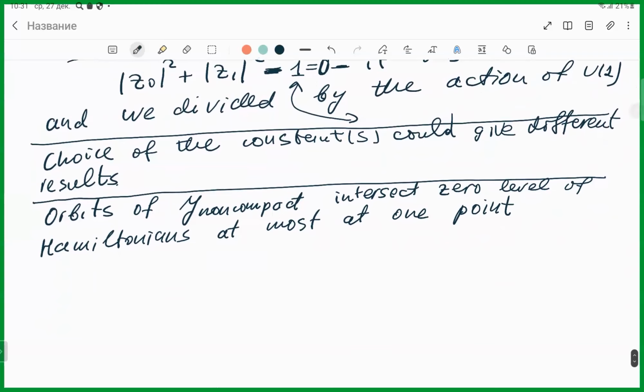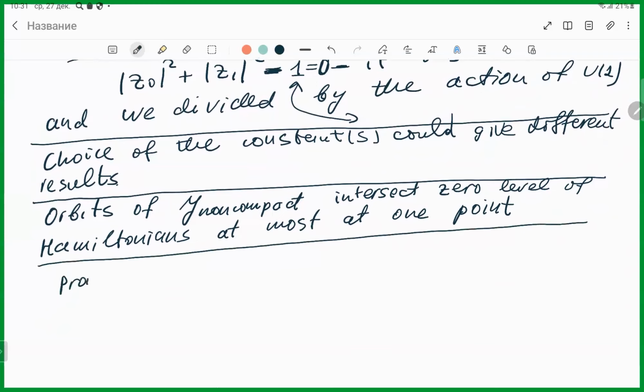Proof. Consider L_V, and here I put V non-compact.